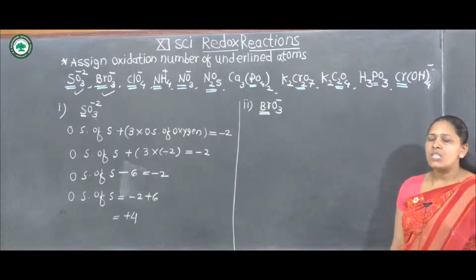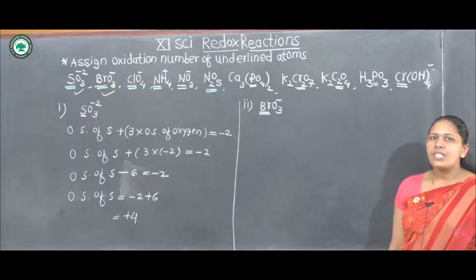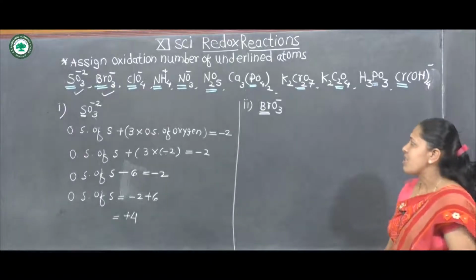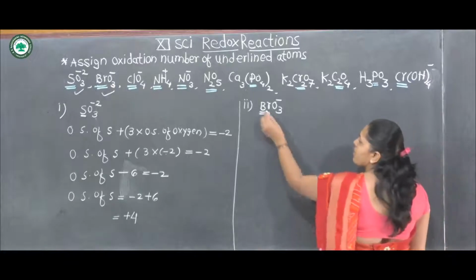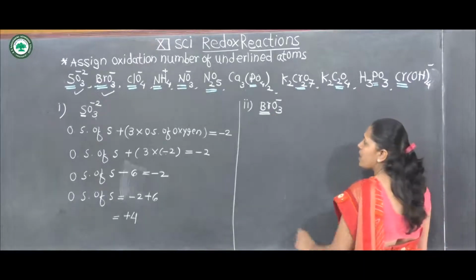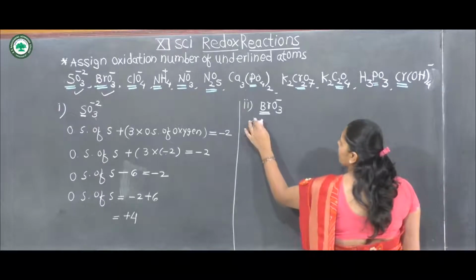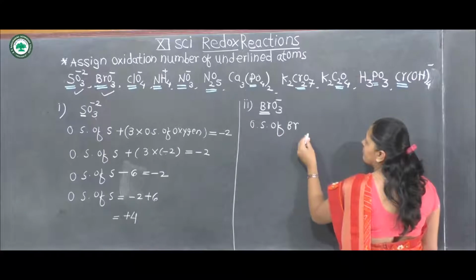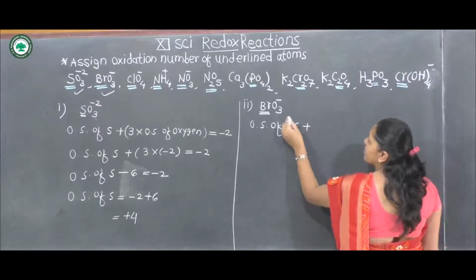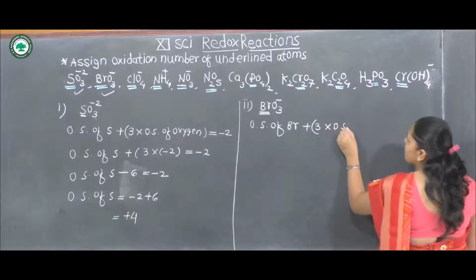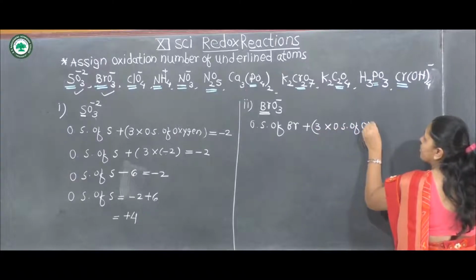In addition to this, bromine, chlorine, iodine, when attached to oxygen, show positive oxidation state. Here bromine is attached to oxygen, therefore we have to calculate the oxidation state of bromine. Oxidation state of bromine plus 3 multiplied by the oxidation state of oxygen.